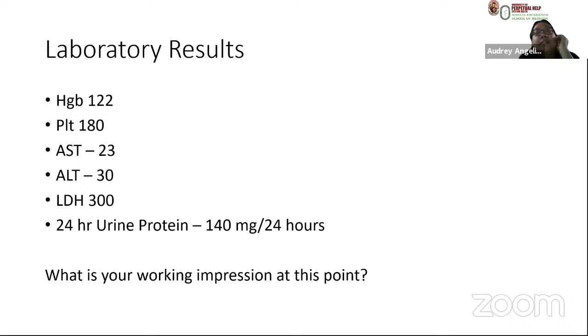What are the values that you would say that your AST and ALT would be elevated? How many times elevated are we looking for?